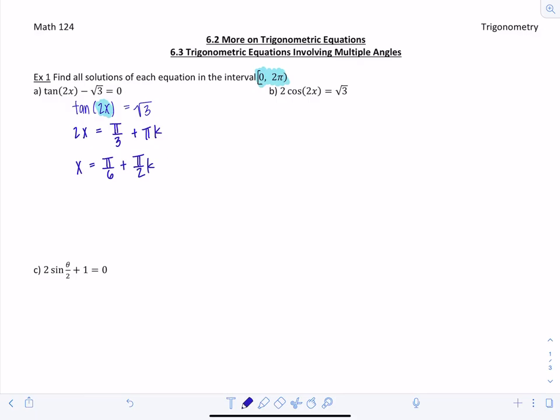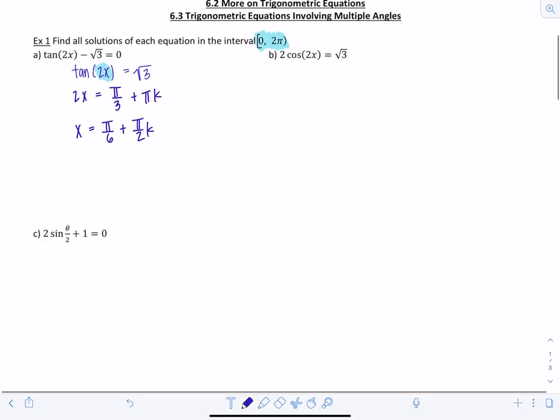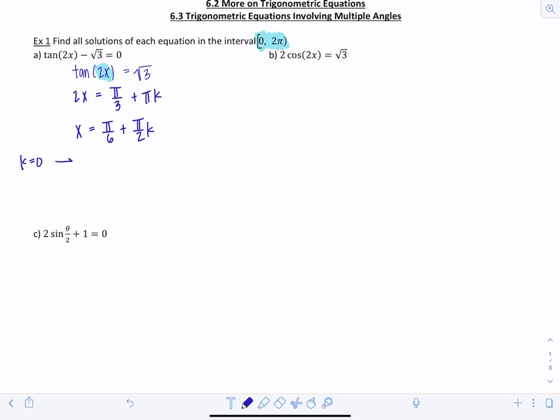All right. Now what we do is we're going to plug in different values of k. Remember, k can be any integer, and generate all possible solutions, all possible x values that fall within the interval from 0 to 2 pi. So here's what I mean. If k is equal to 0, then that means x would equal pi over 6 plus pi over 2 times 0.